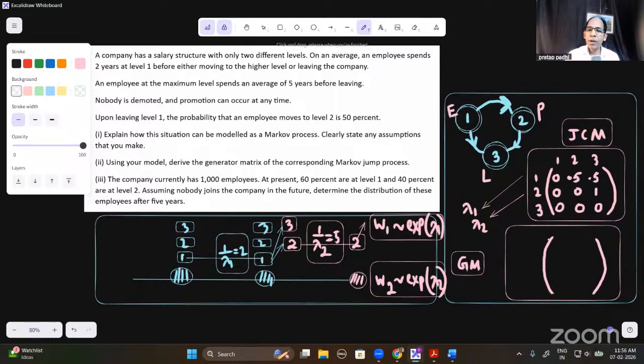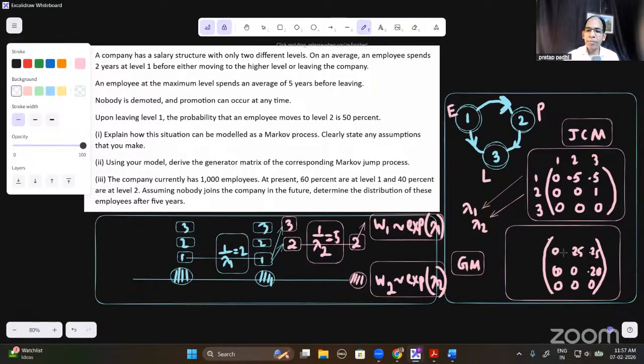If you multiply half here, you will get 0, 0.25, 0.25. If you multiply 1 by 5 here, lambda 2 is 1 by 5, you will get 0, 0.2. That is 1 by 5. And then here 0, 0, 0. These are applied for off diagonal elements.